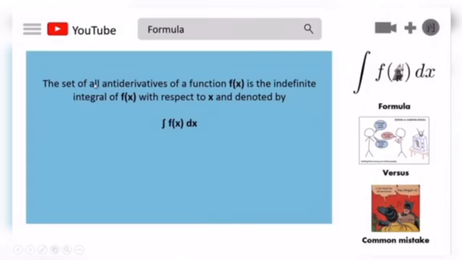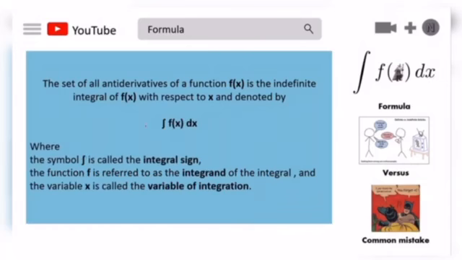Okay, now the set of all antiderivatives of a function f(x) is the indefinite integral of f(x) with respect to x, and is denoted by the integral of f(x) dx.